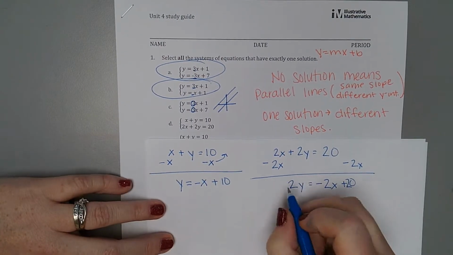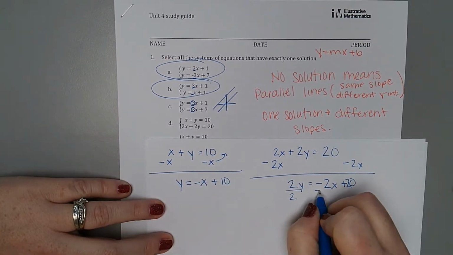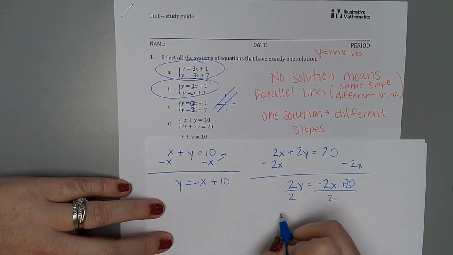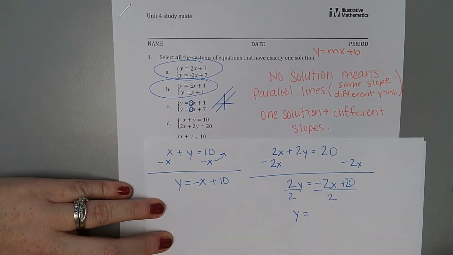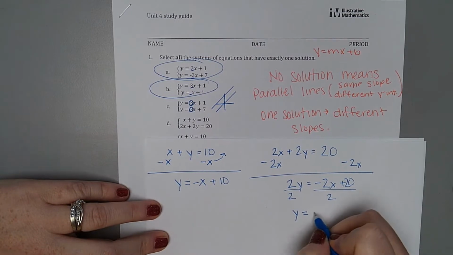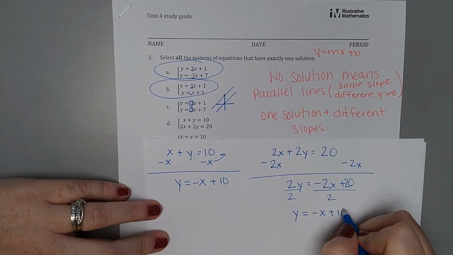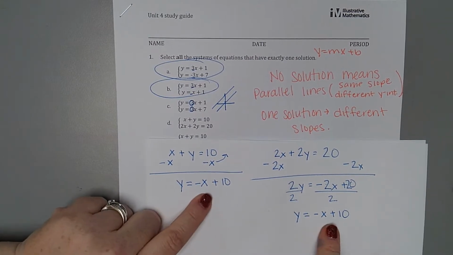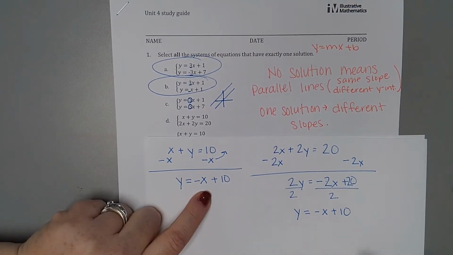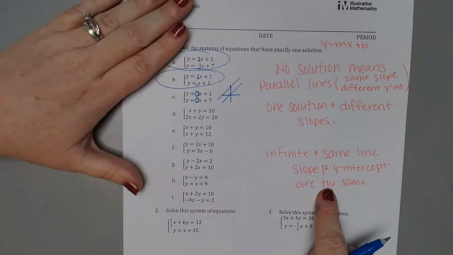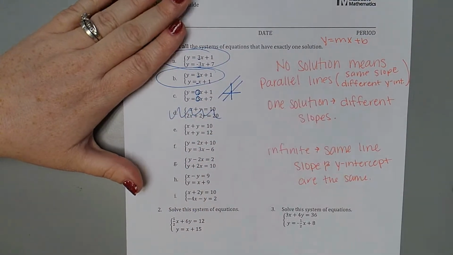But I have 2y, so I need to divide this by 2 and all of this by 2. I get y equals negative 2 divided by 2 is negative 1x. 20 divided by 2 is 10. These are the same line, which means they have infinite, so it doesn't work.